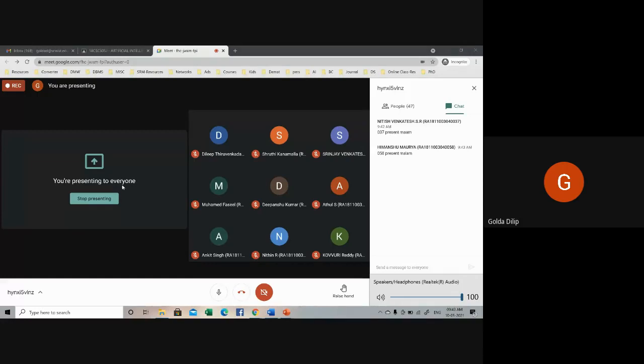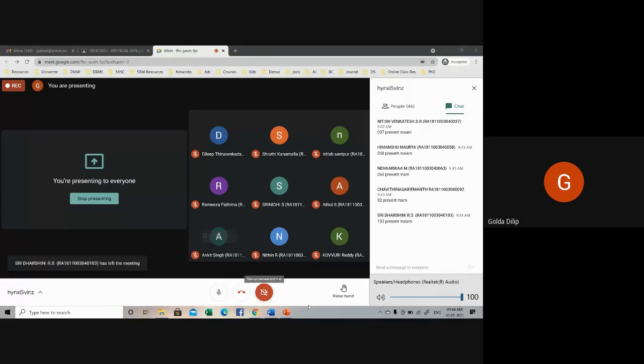Niharika, noted. Srinidhi, yes, ma'am, noted. Sai Hemant, no response. 92 is present. 94 is present. Please text in the chat window immediately. Darshini, noted. Fatima. Sai Satish, no response.